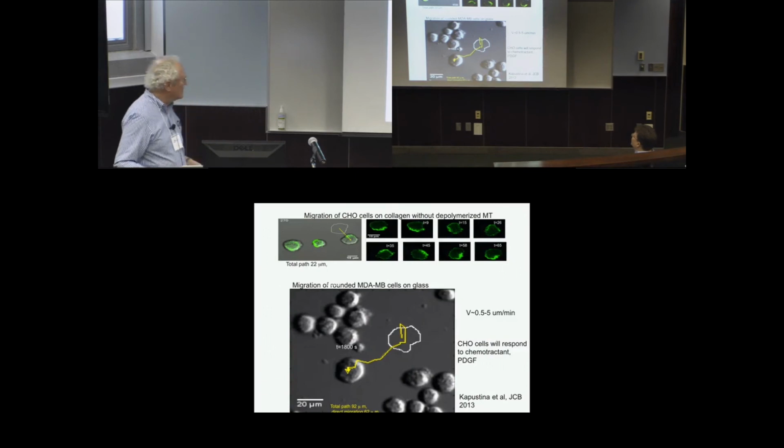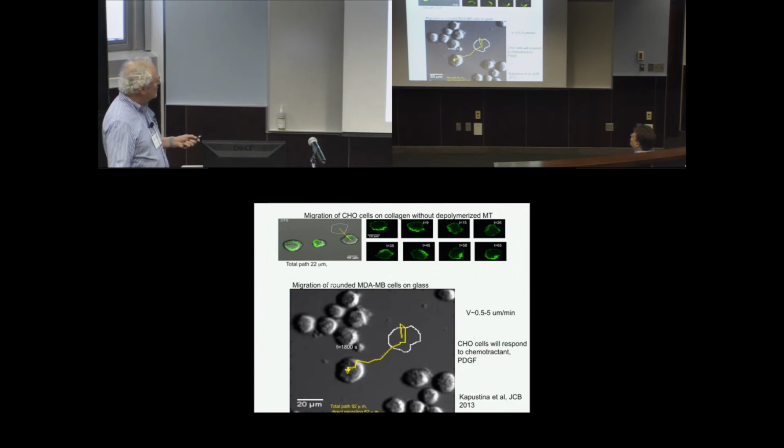Well, do these cells actually move? If you get them on a substrate of proper adhesivity, they will. If you have too strong adhesivity, they won't move, or too weak adhesivity, they won't move. But it turns out that oscillating CHO cells on collagen, without depolymerized microtubules, spontaneously oscillating, and this shows the traveling wave moving around, these cells will move, at velocities of something like 0.5 to 5 microns a minute.